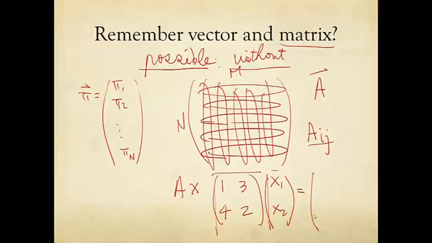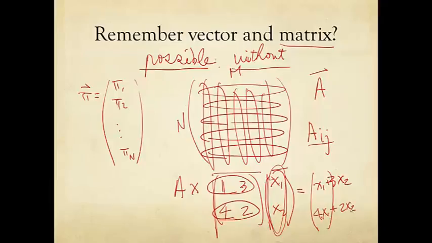So what you get is a 2 by 1 vector. The first entry is the inner product of the first row vector of the matrix and this vector x. So that is 1 times x1 plus 3 times x2. The second entry of the vector is the second row of matrix A times the same vector x. So we have 4 times x1 plus 2 times x2.